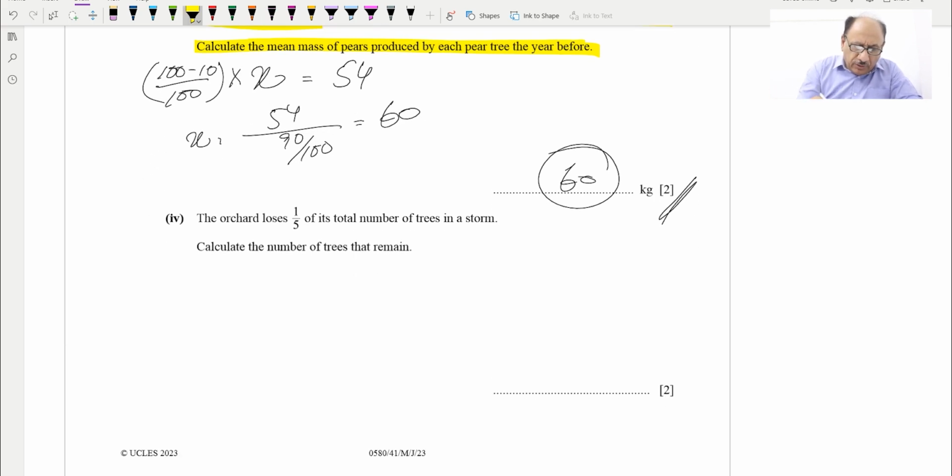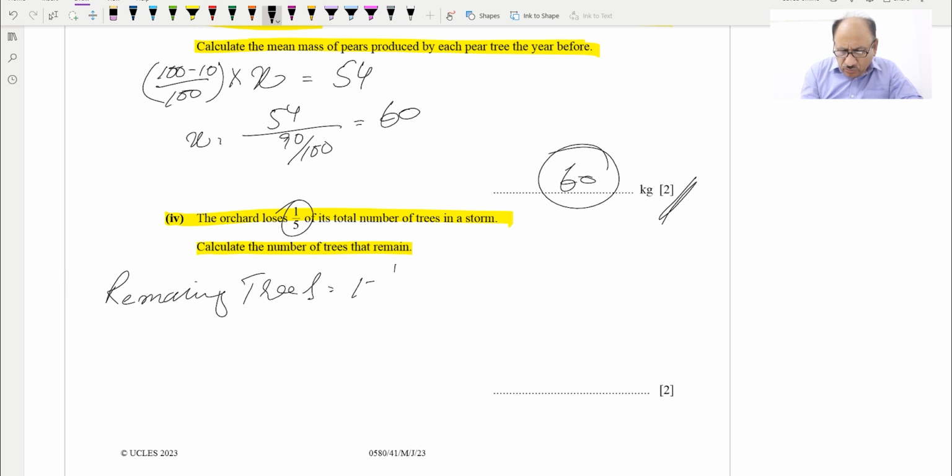Now the fourth part, the orchard loses 1 by 5 of its total number of trees in a storm. So calculate the number of trees that remain. So 1 by 5 is lost, so the remaining trees will be equal to 1 minus 1 by 5, which is equal to 4 by 5.